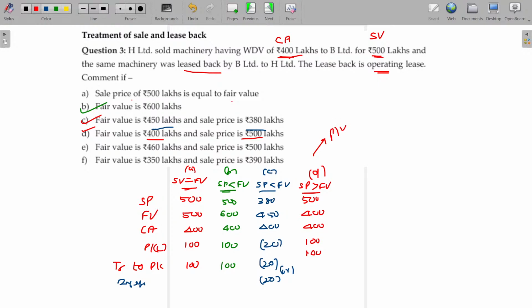In your P&L account, fair value minus carrying amount will be your profit. Deferred being sale price minus fair value. It should always be deferred in this scenario, when the sale price is more than fair value, which is logically not possible. So in this case, you always defer. And profit credited to the P&L account being 0. 500 minus 400, 100 rupees can be deferred. Deferred means over the life it can be amortized.